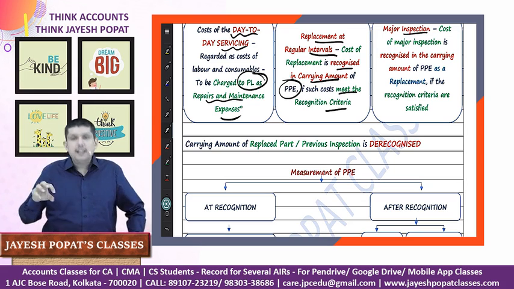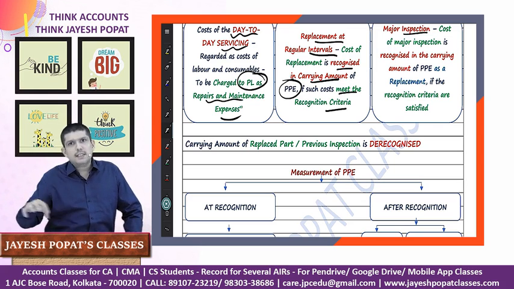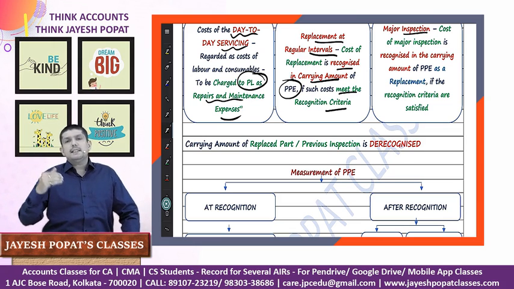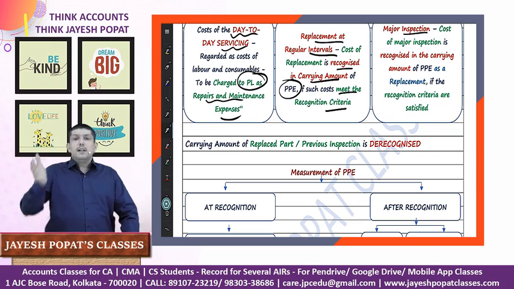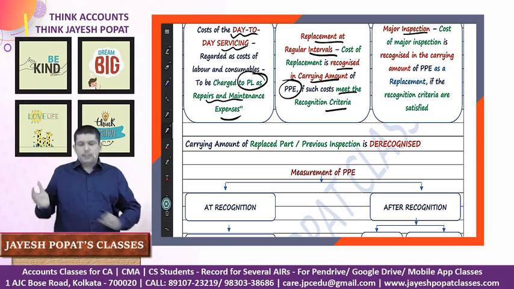Let's say in an airplane, we estimated that the useful life of the interior, which is the seats, etc., is 8 years, and we are depreciating those seats over a useful life of 8 years. But after 6 years, we realized that the seats have worn out and we need to put in new seats, and let's dispose of the earlier ones.